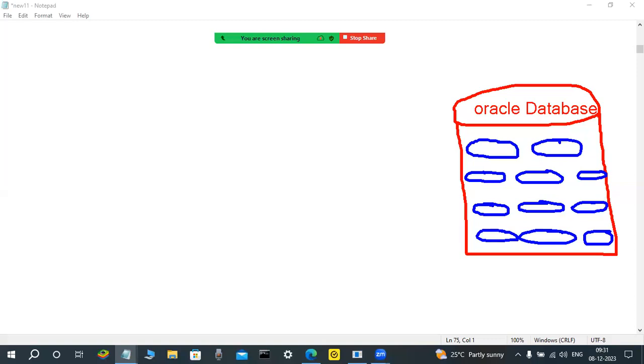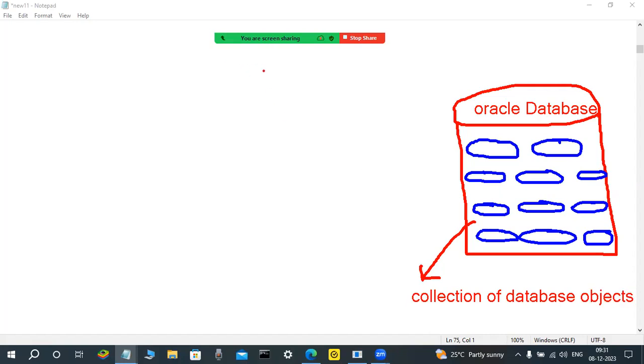Up to today you don't have an idea what this is. At least our table, something is there. These are nothing but a collection of database objects.